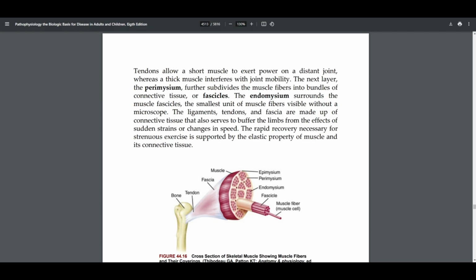The ligaments, tendons, and fascia are made up of connective tissue that also serves to buffer the limbs from the effects of sudden strains or changes in speed. The rapid recovery necessary for strenuous exercise is supported by the elastic properties of muscle and its connective tissue.